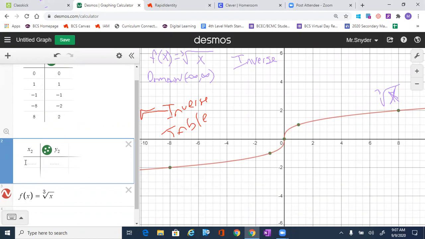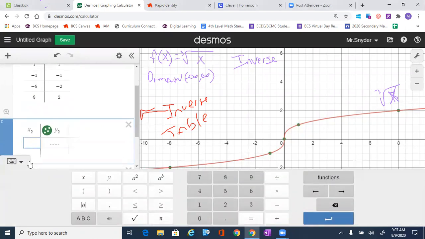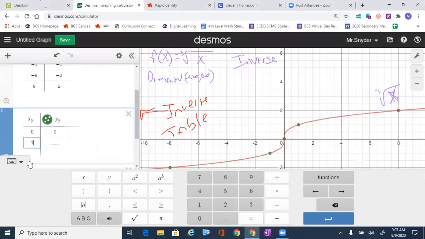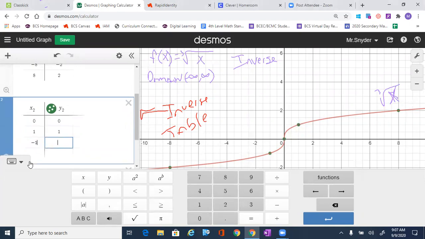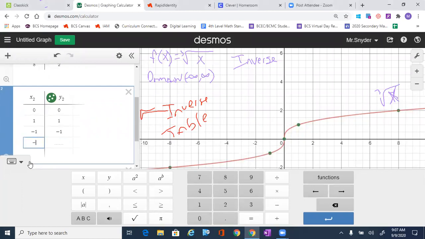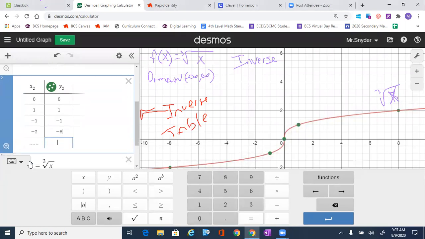So (0, 0) stays the same because when you flip those they are the same. (1, 1) also, that's really nice, we flip that, still the same. (-1, -1). And then we got the other one, (-2, -8), and (2, 8).